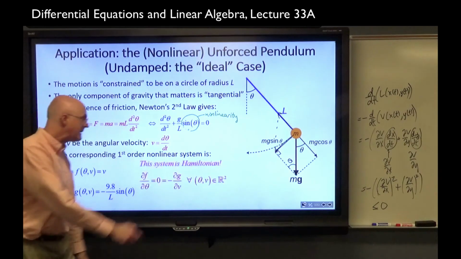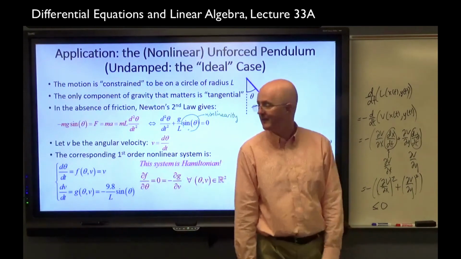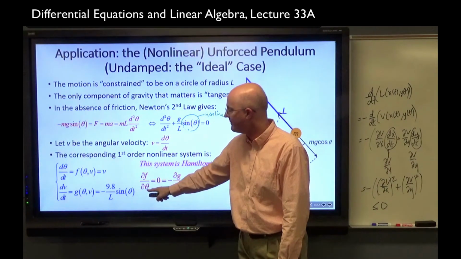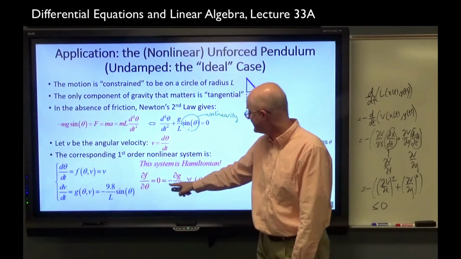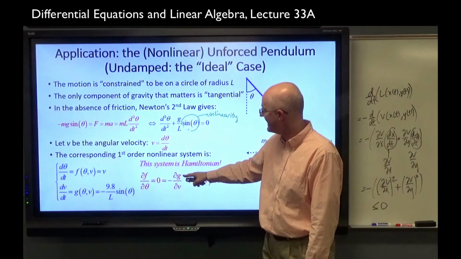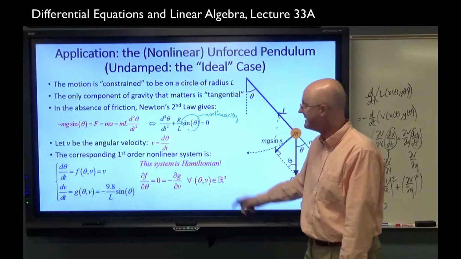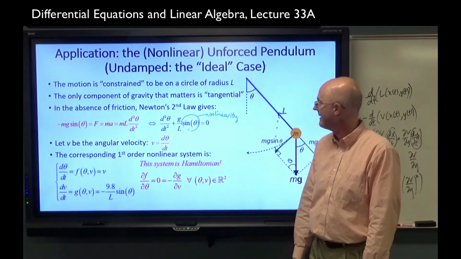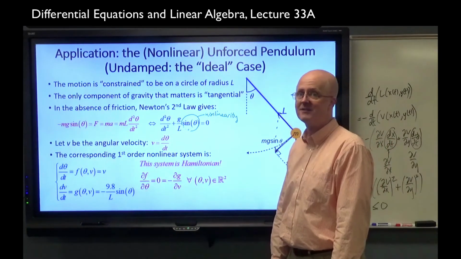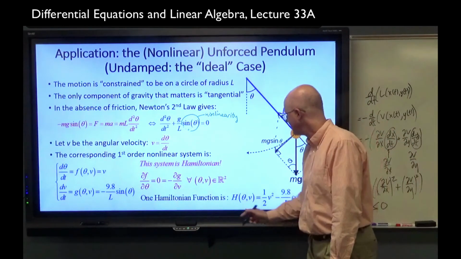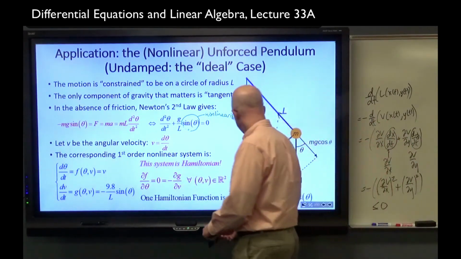This system is Hamiltonian. The partial of the first right-hand side with respect to the first variable is the opposite of the partial of the second right-hand side with respect to the second variable. They're both always 0 over the entire plane. What's a Hamiltonian function? This. Integrate appropriately.